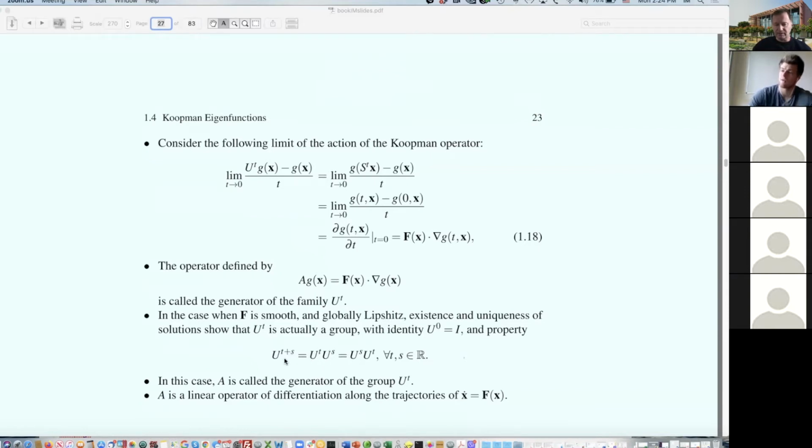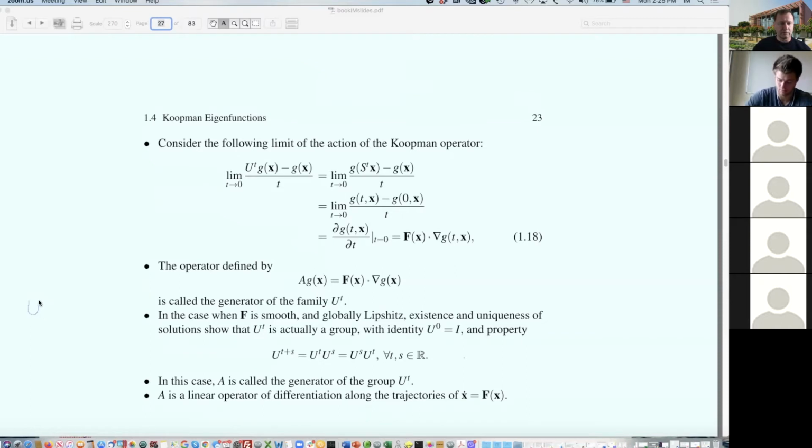So you first advance the function you're acting on with Us itself, and then you act on it with Ut. But recall what the definition of Ut is.